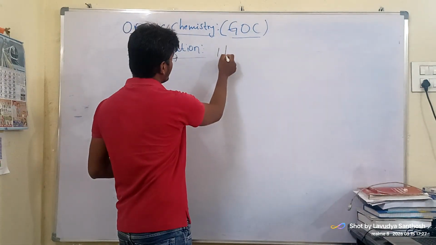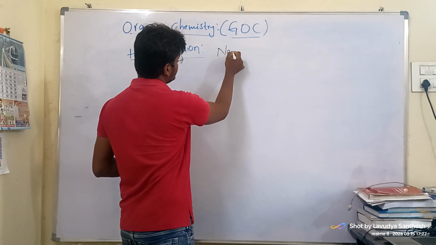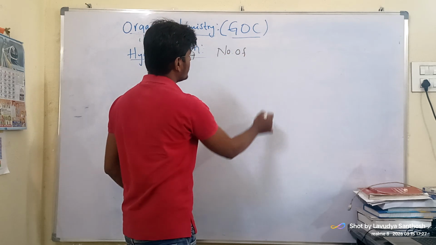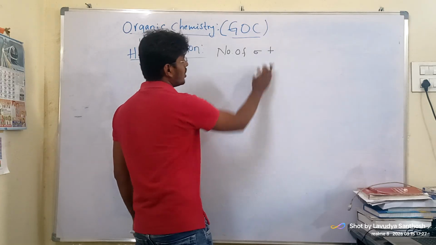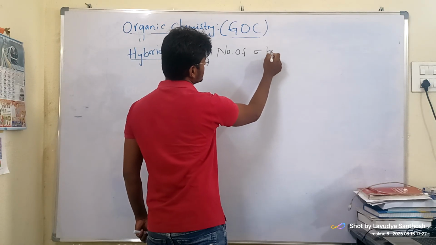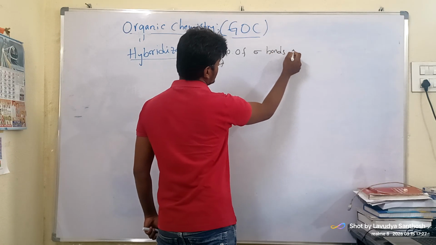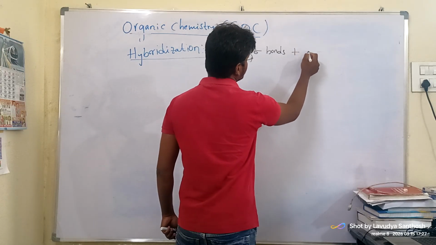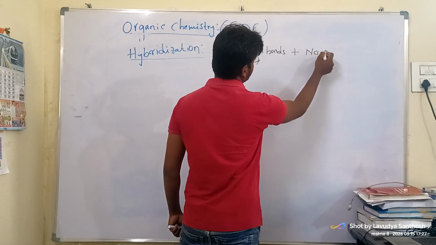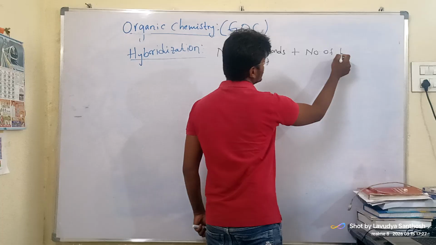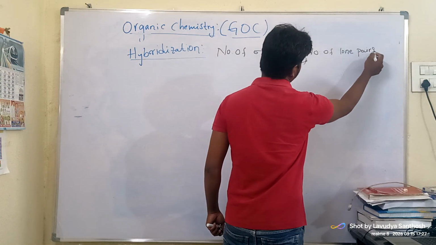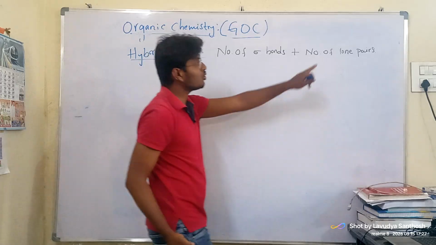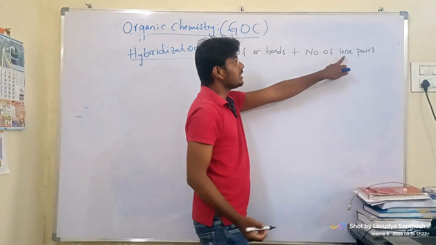Hybridization equals number of sigma bonds plus number of lone pairs. Now here I am mentioning lone pairs, not electrons.